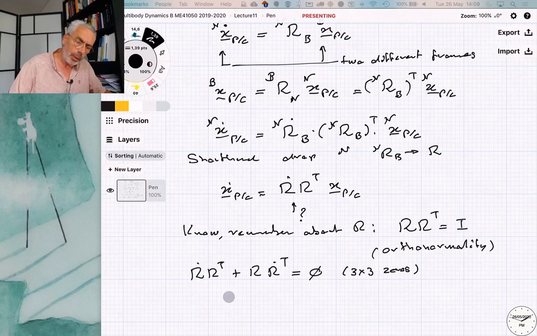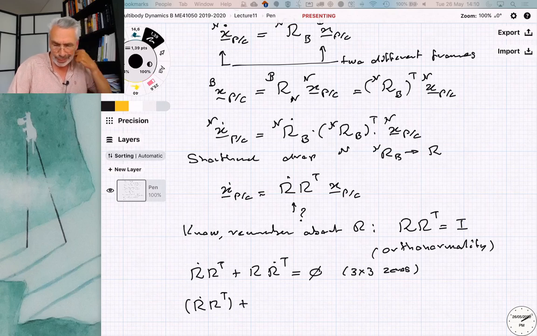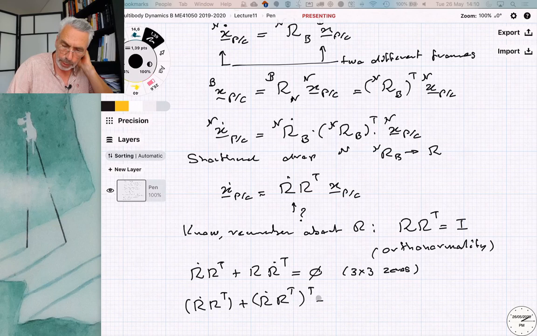But if I take a closer look at this, they also look a lot alike. So I see an R dot and an R transpose, and here I see an R dot transpose and an R. Actually it looks like this: the R dot R transpose plus, and now if I write this the other way, I get R dot R transpose, transposed, is 0, right? Just go through the motion.